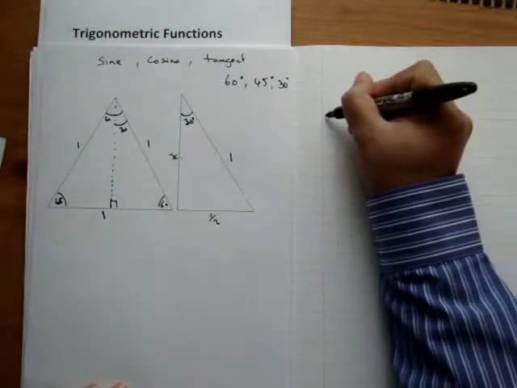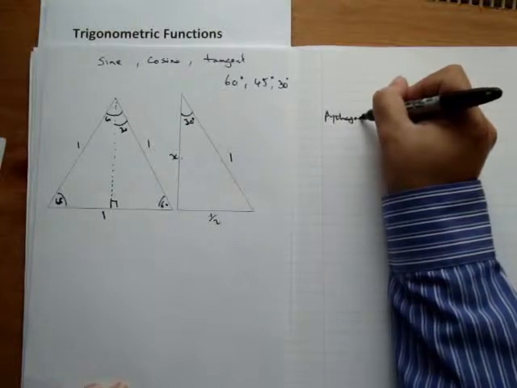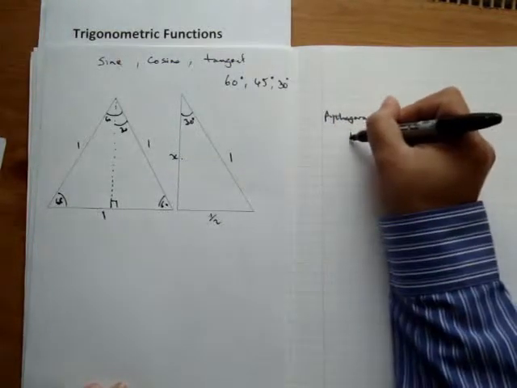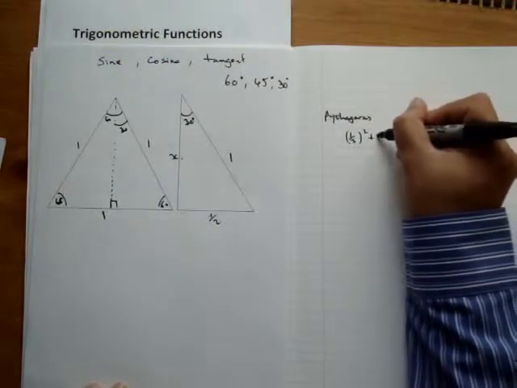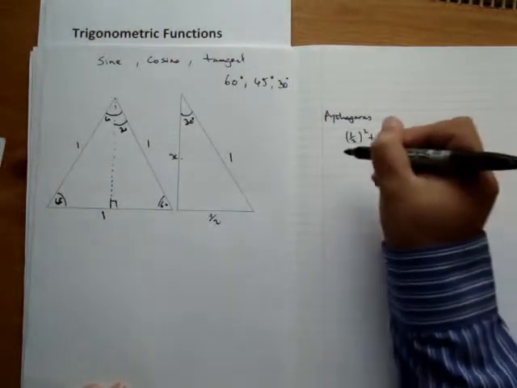So using Pythagoras, we get a half squared plus x squared equals 1 squared.